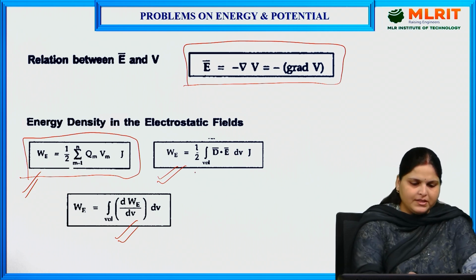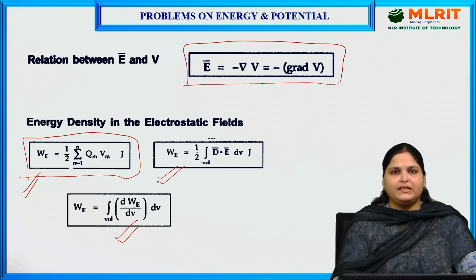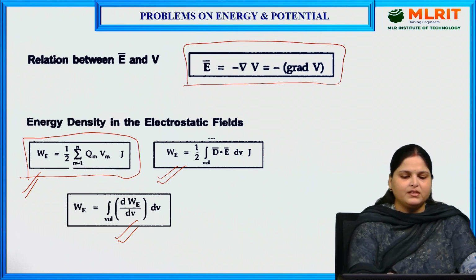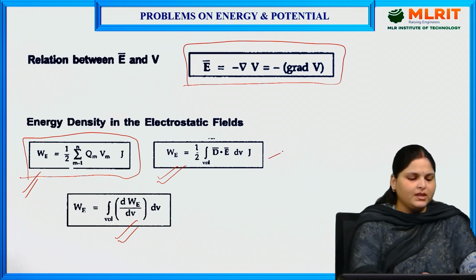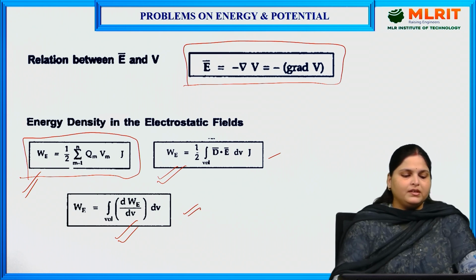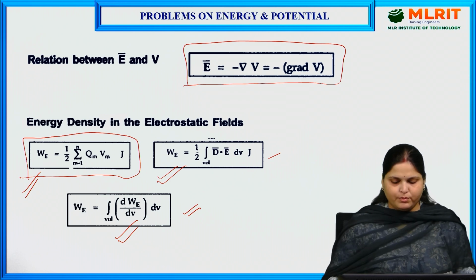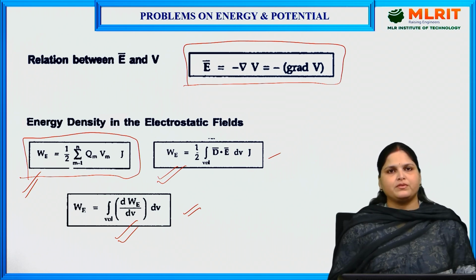Another formula is WE equals 1 by 2 integration of D dot E dV joules. Third formula is WE equals integration of dWe by dV dV. These formulas will be used for solving the problems.